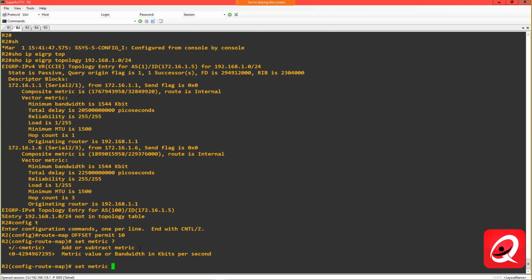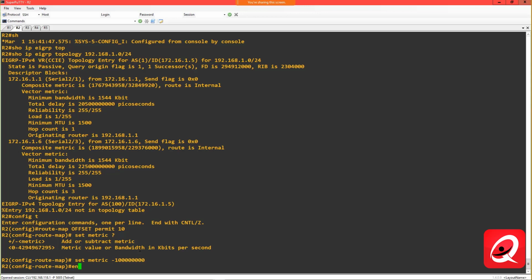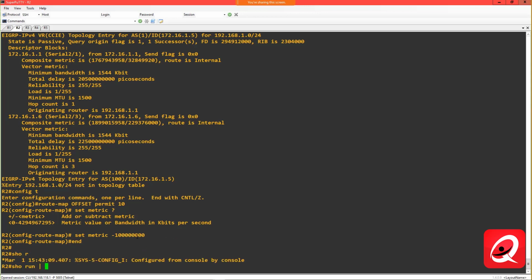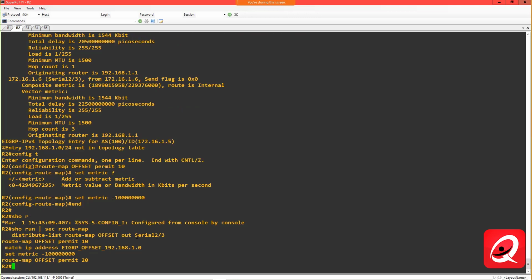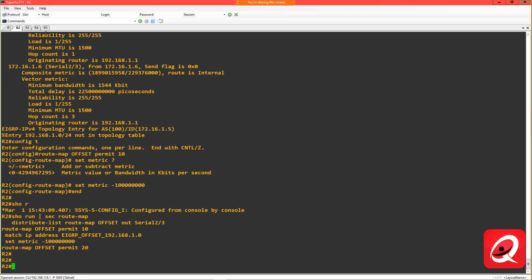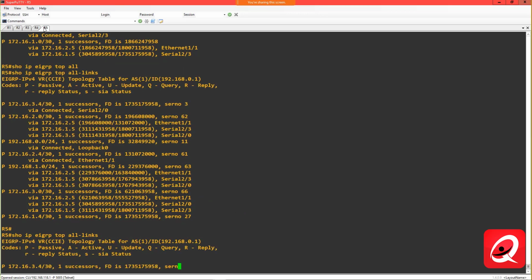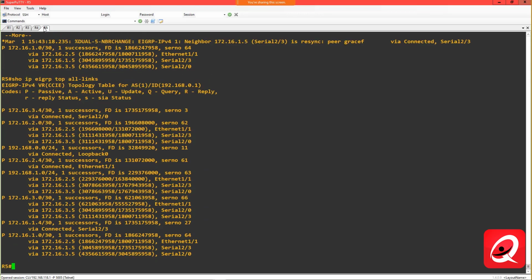Let's just try something here. Show run section route-map. Yeah, it may not apply to EIGRP. Yep.